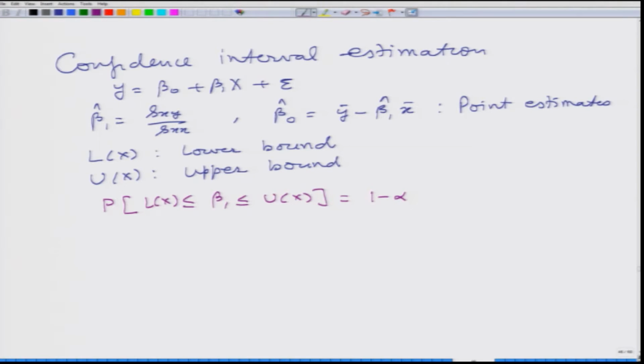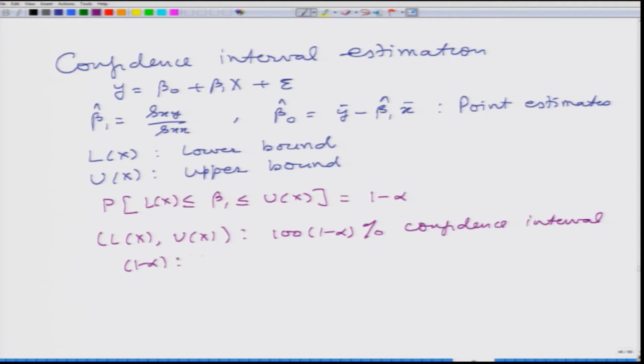This Lx and Ux is called the 100 (1 minus alpha) percent confidence interval, and 1 minus alpha is called the confidence coefficient.